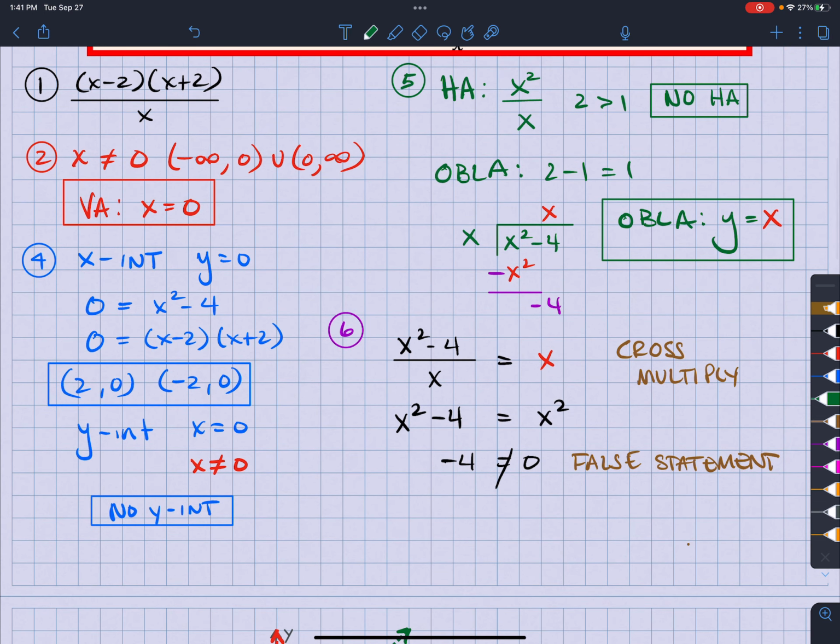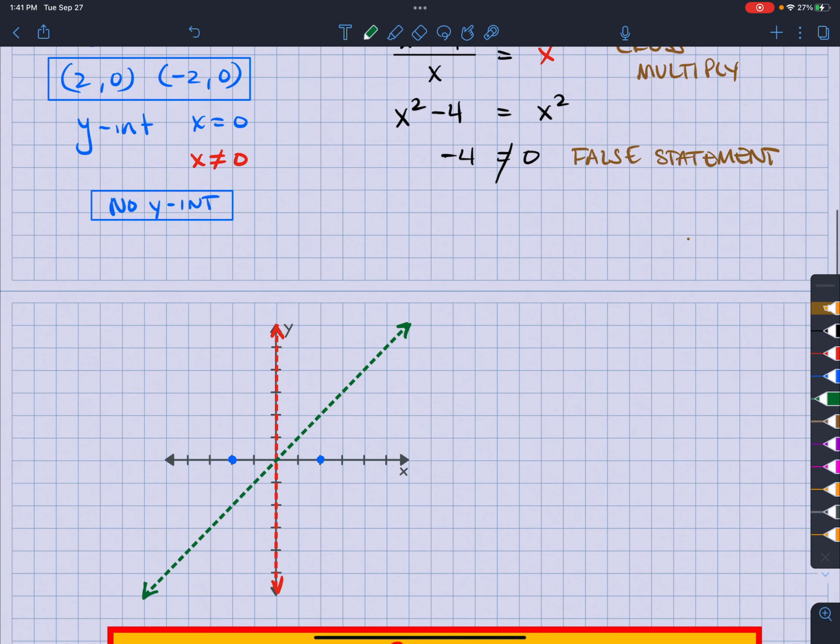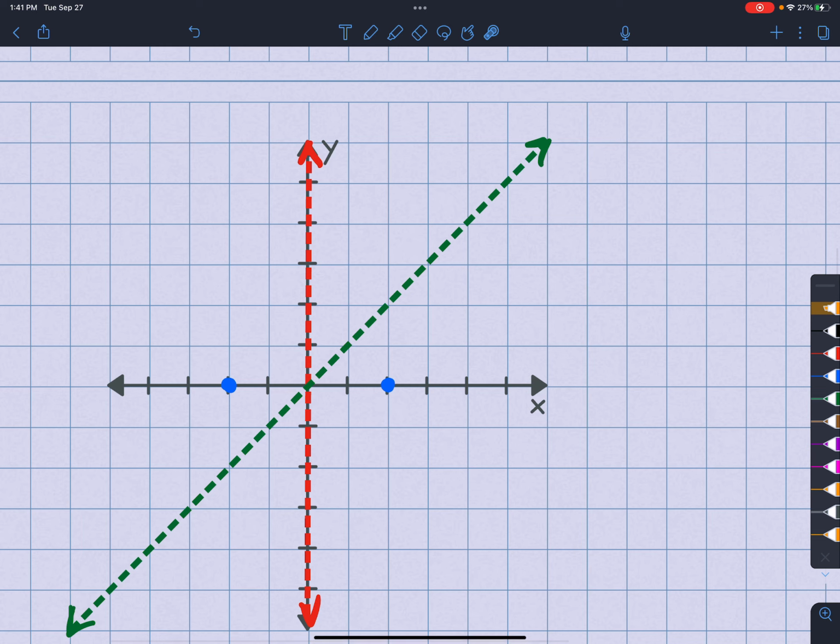And then it's not going to cross the oblique asymptote. So if I have a point here that cannot cross the vertical asymptote, it could cross the oblique asymptote, but it has already told me it's not going to cross it.